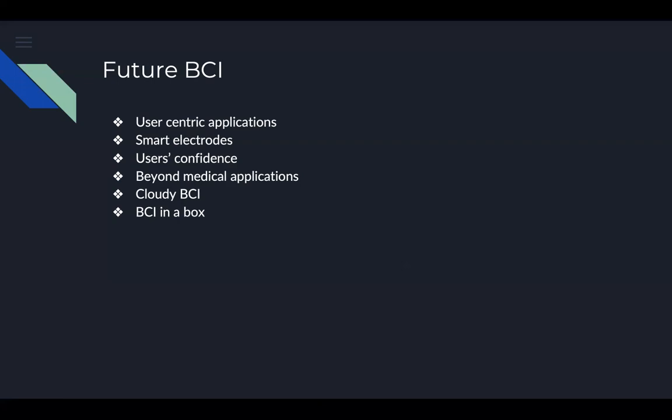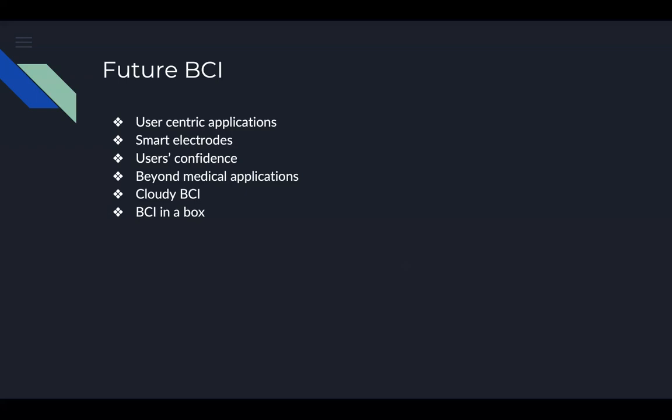Another thing is user confidence. We are still doing our best to get more and more results, but right now BCI technology is used for neurological disorders and by neurosurgeons, consultants.